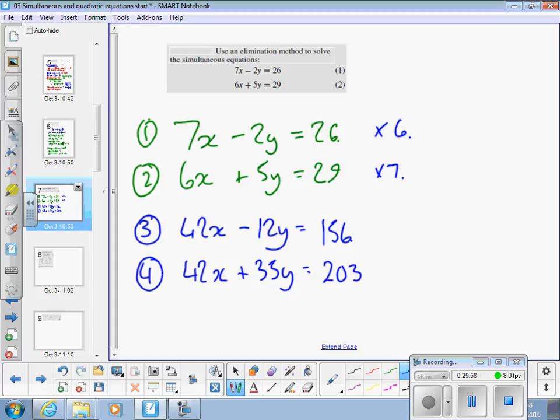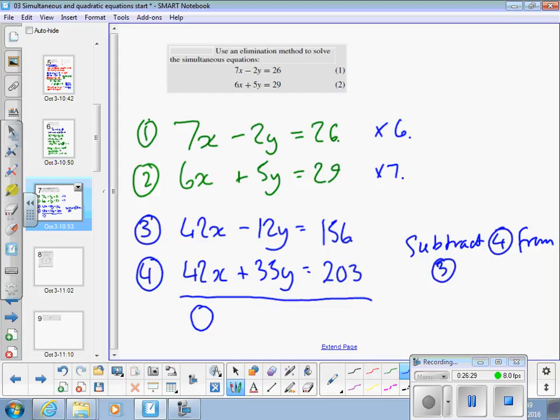Okay, and then what we do is subtract 4 from 3. And that's just the same as we've done before with the other one. So just involves an extra step. So that becomes nothing.